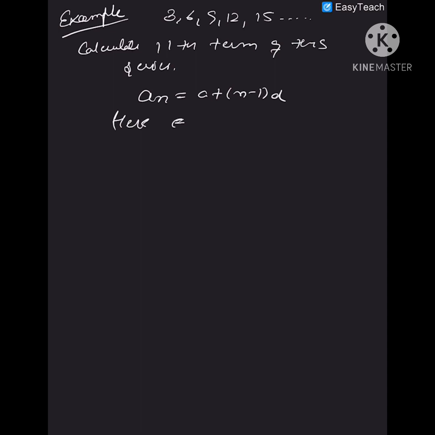I told you the very first term is called a, so here a = 3. The difference is 6 minus 3, like a2 minus a1, that is 3. Here you have to calculate the 11th term, so write n as 11. Now put it in the formula a + (n - 1)d.